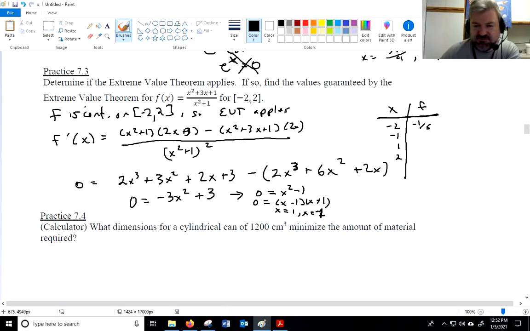Plugging in a positive 2 won't be too different of a procedure. That would be 4 plus 6 is 10, plus 1 is 11, over 5. So that's 11/5. All right, let's plug in negative 1. That would give me 1 minus 3 is a negative 2, plus 1 is a negative 1, over 2, so negative 1 over 2, a half.